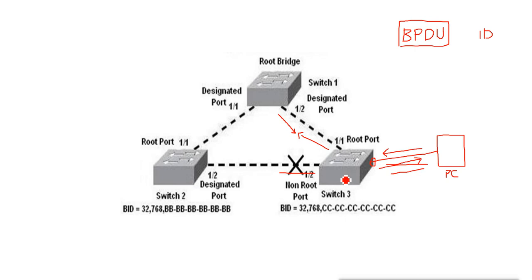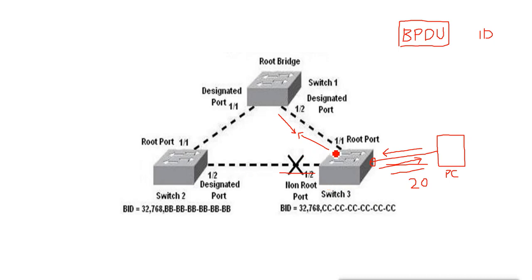Now whenever we connect any port to the switch, it will start in this state. First they will remain in this state for some time, and the time is 20 seconds. So for the first 20 seconds they will keep the ports blocking. Next, all the switches will go into listening mode.